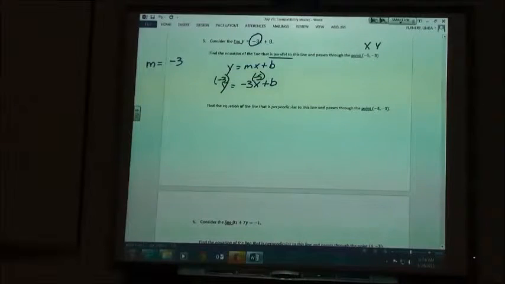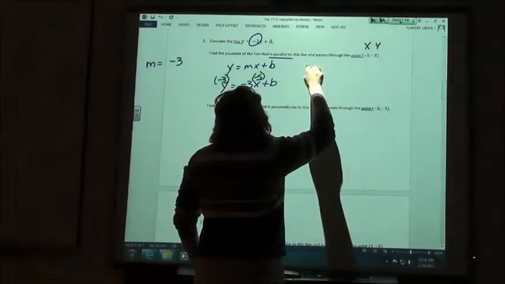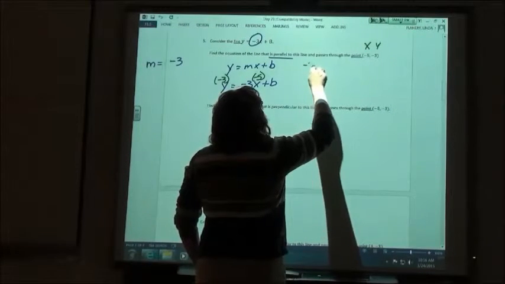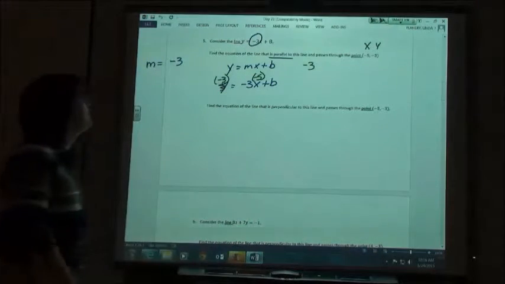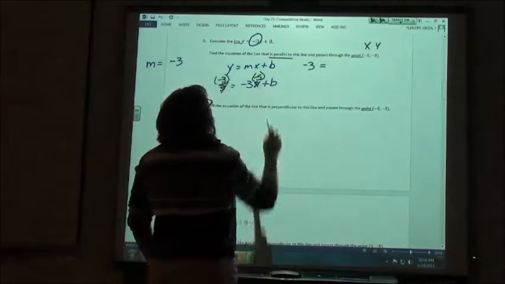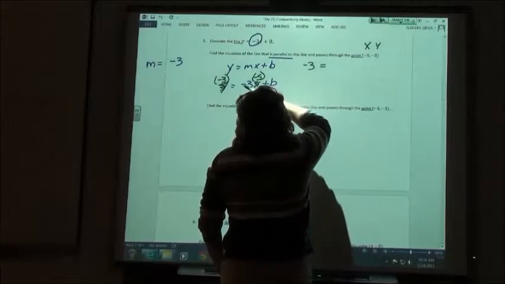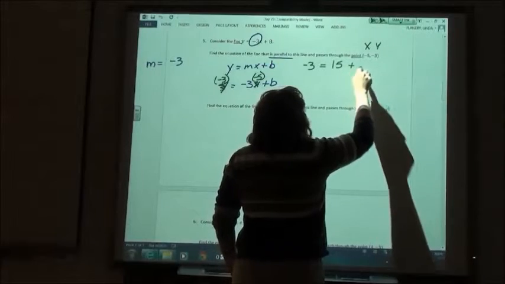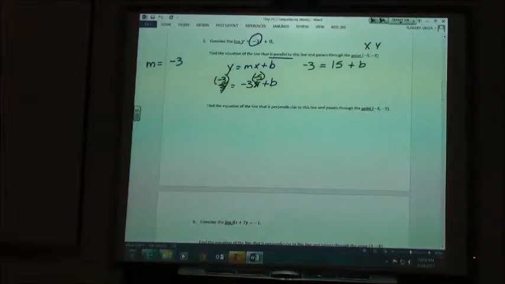So solving that, I'm going to have -3, just because we put that in for the y, equals -3 times -5. We had a negative times a negative, so a positive 15. No x because we got rid of the x. Okay. And then 15 plus b.